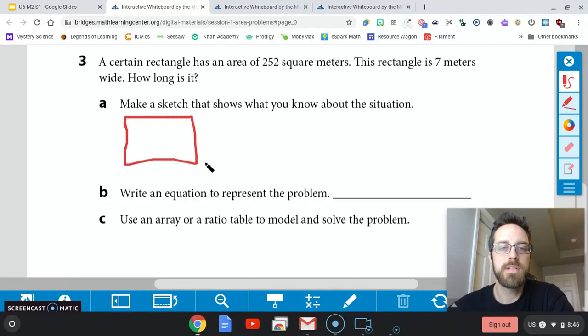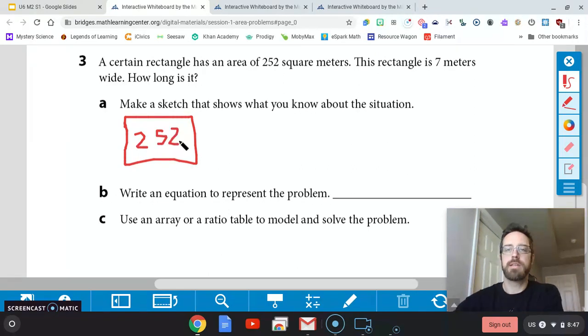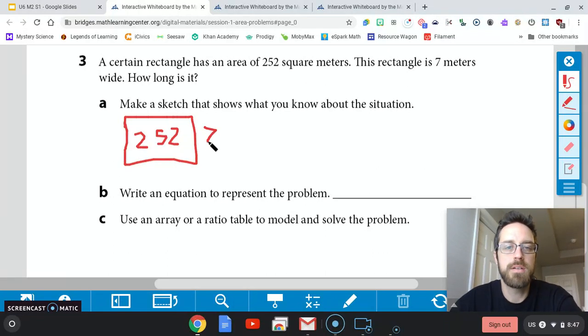And what do we know? Well, we know it has a total area of 252 square meters. And we know that it is 7 meters wide, okay? So we know our area formula: area equals length times width.